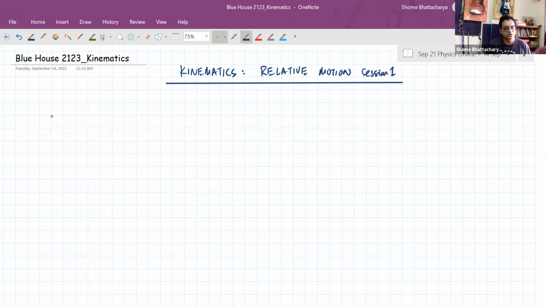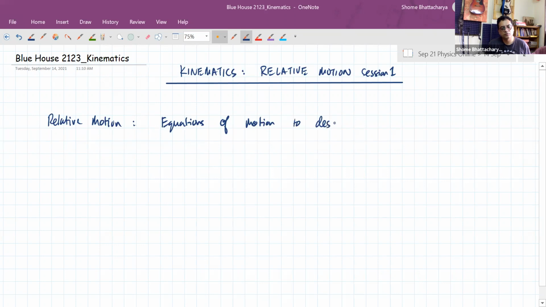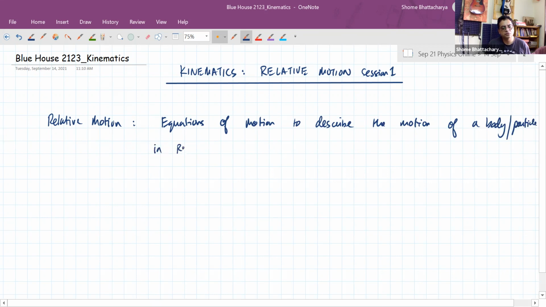So in relative motion, what is done is equations of motion are developed to describe the motion of a body, particle, whatever be the case, in reference to another moving body or particle.